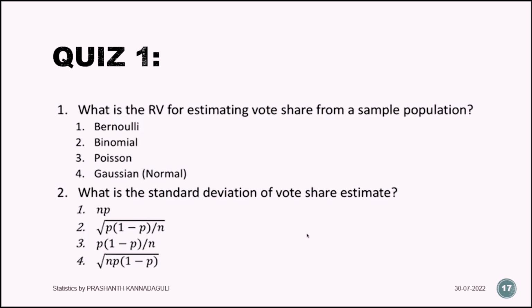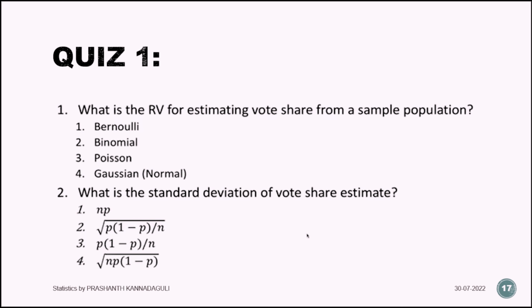You can see the results now. I think results are being shared with you: the percentage of votes for each choice, etc. Now, the first question: a random variable of estimated vote share is going to follow what? It's a vote share, so yes or no type. The answer is binomial.